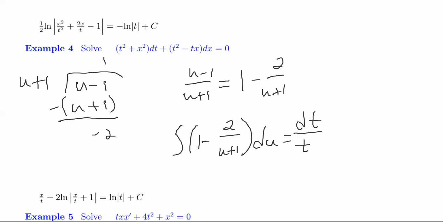All right. Now we take the integral of both of those, and we get the integral of 1, with respect to u, is u. The integral of 2 over u plus 1 is 2 times ln of u plus 1.